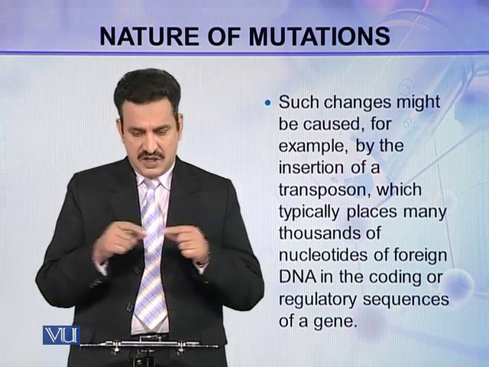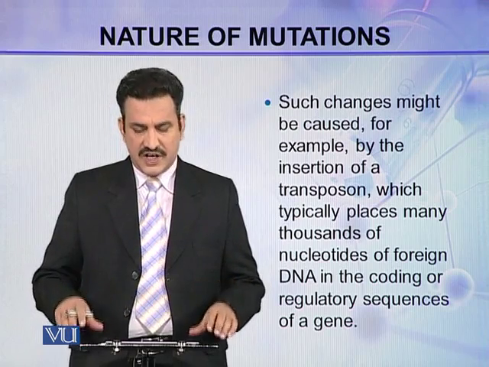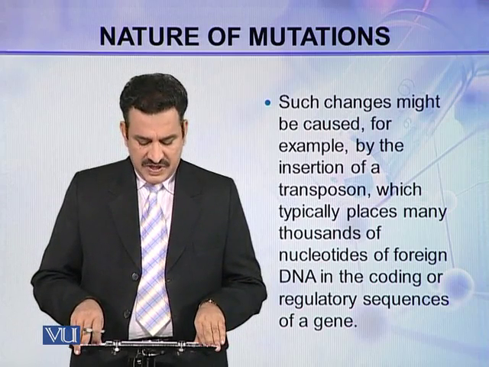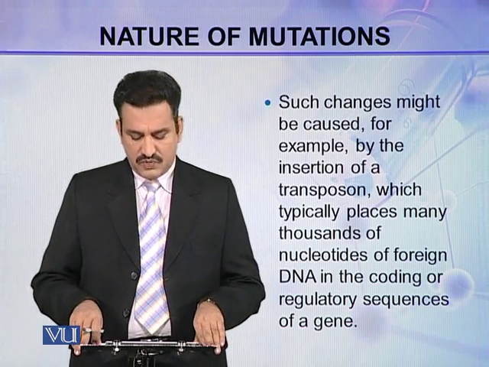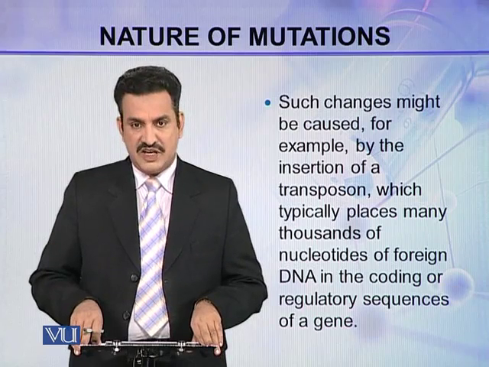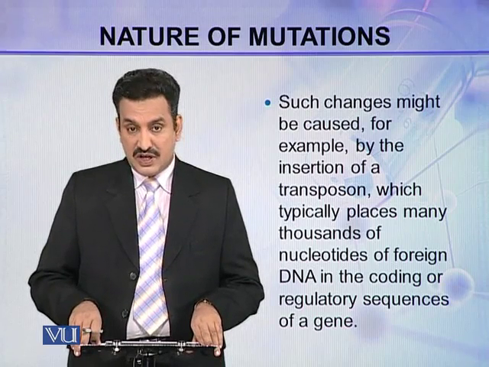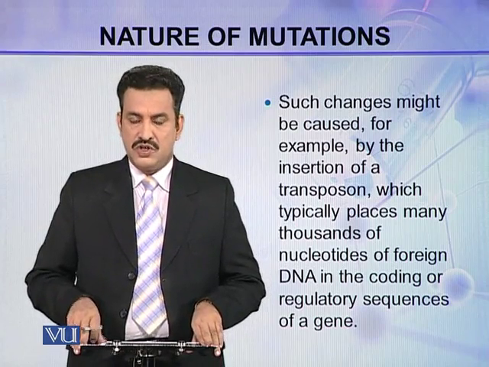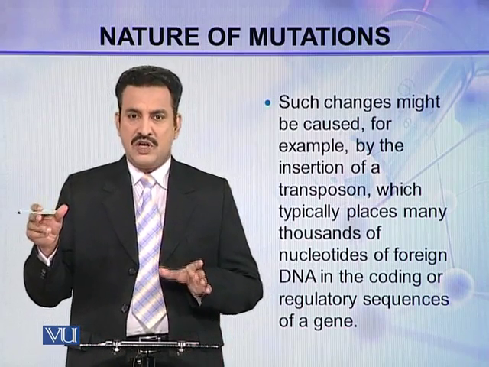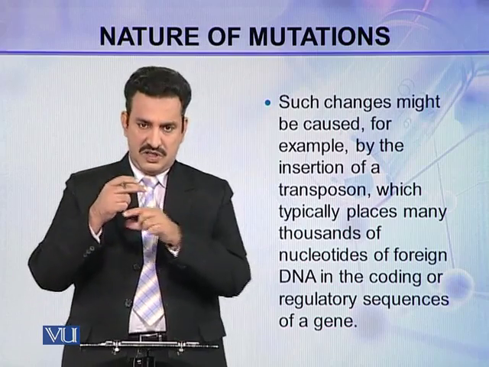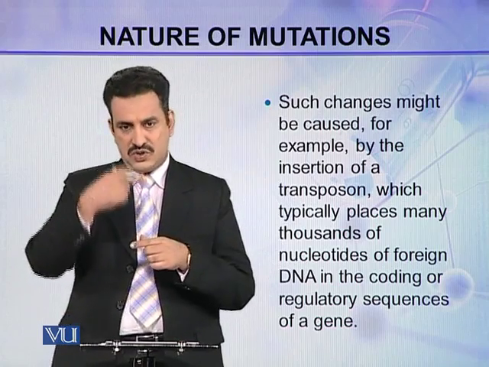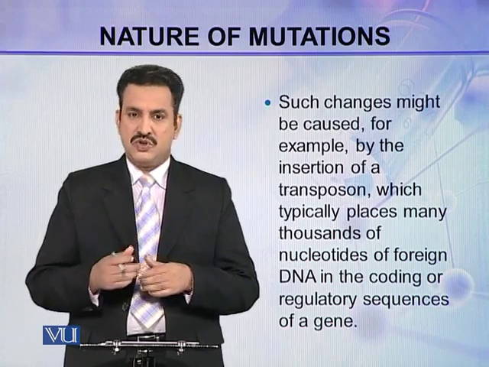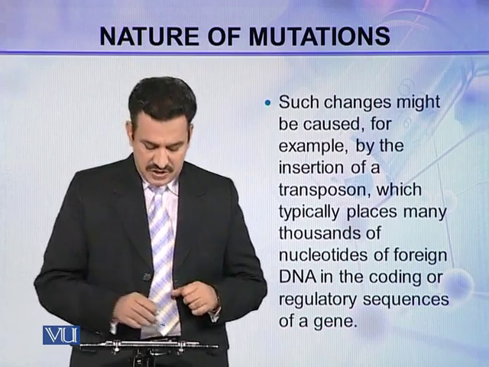A transposon is a sequence of nucleotides which typically places many thousands of nucleotides of foreign DNA in the coding or regulatory sequences of a gene. So this transposon may be inserted in the normal sequence of a gene, so it will disrupt that gene.